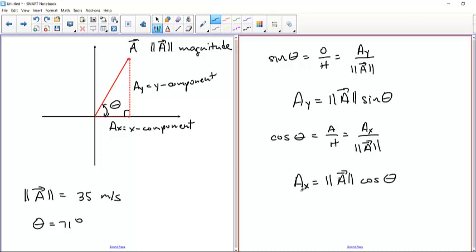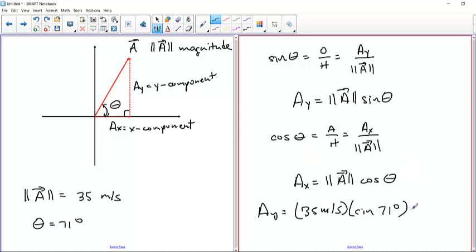So now we can just plug those in and see what we get. Okay, so A sub y is going to be equal to 35 meters per second. That's the magnitude of vector A times the sine of 71 degrees. So make sure your calculator's in degrees. Mine's in radians, so I change to degrees. So we take 35 times the sine of 71. And we'll get 33.